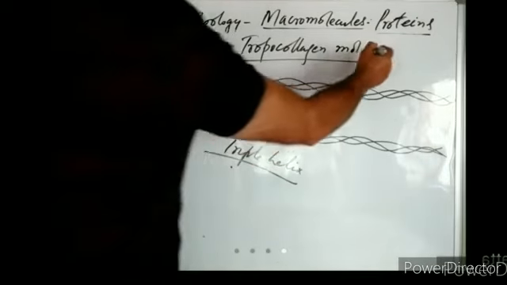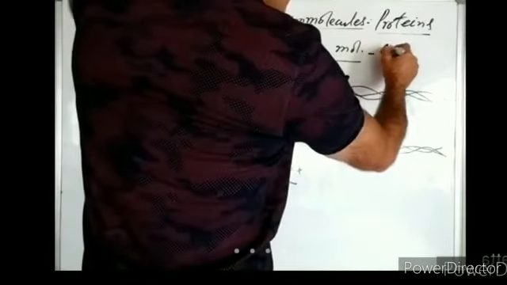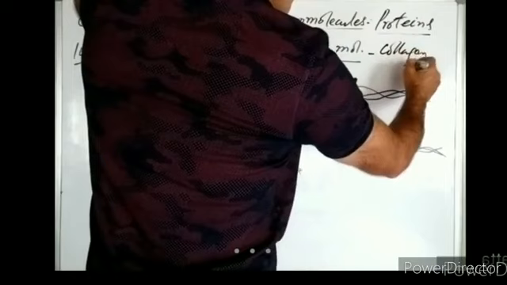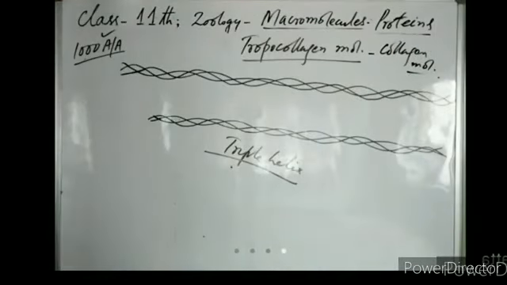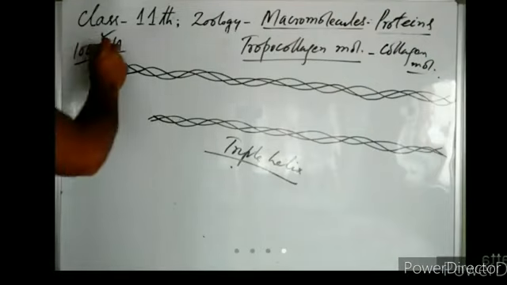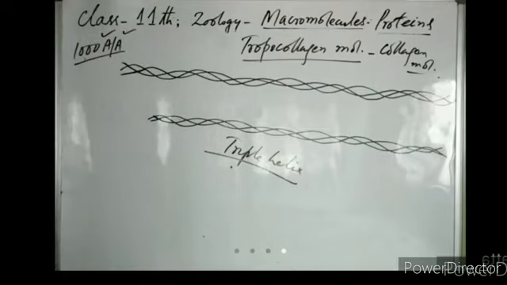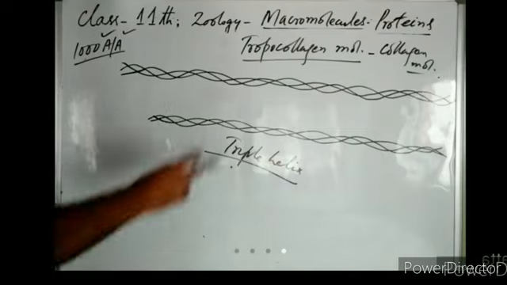We may also call this tropocollagen molecule simply a collagen molecule. So a collagen molecule is formed of three helices. First, a linear polypeptide chain formed of some 1,000 amino acids is formed.